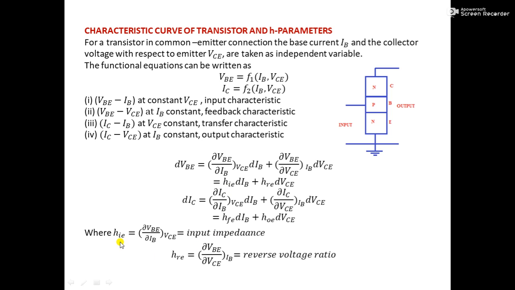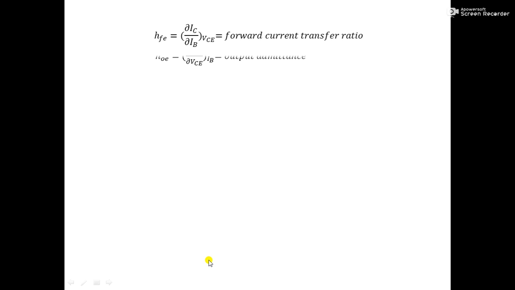So these four terms: HIE has the dimension of impedance. HRE is a voltage ratio, so it does not have any dimension. HFE is the forward current transfer ratio, and it also does not have any dimension. HOE has the dimension of admittance.